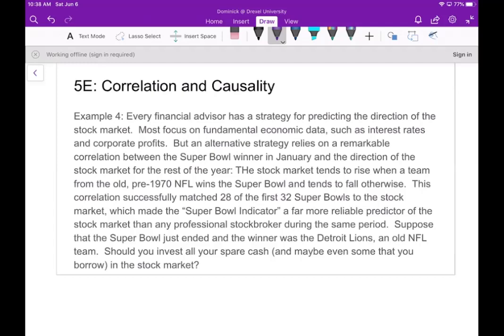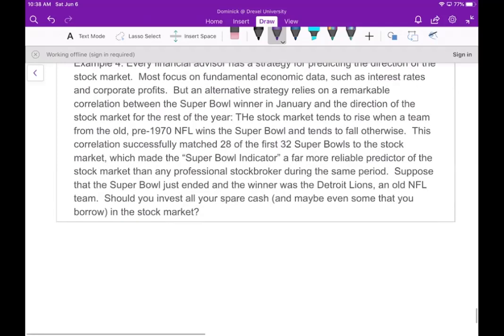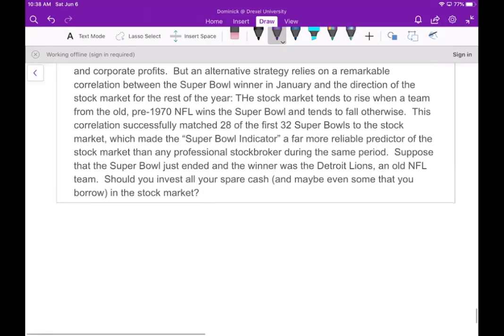NFL team, right? So I don't think you have to worry about this anytime soon, but we're just going to suppose for the sake of argument that the Detroit Lions did win the Super Bowl. Now, should you invest all your spare cash and maybe even some that you have to borrow in the stock market? And of course, the answer here is no. Because this is all just a coincidence.